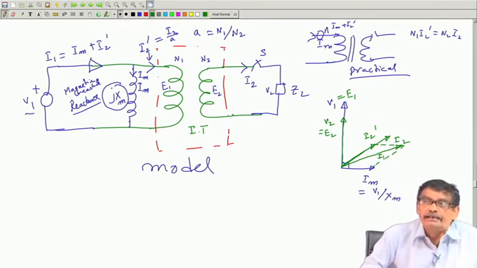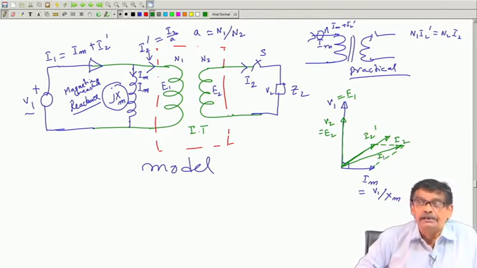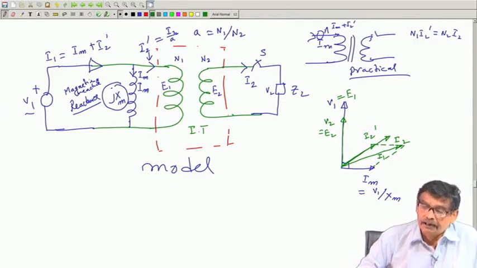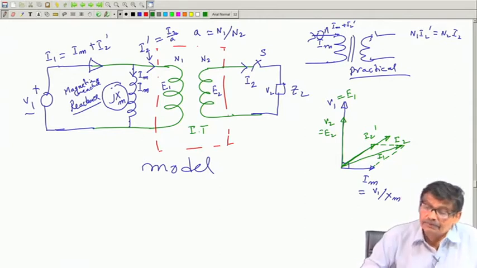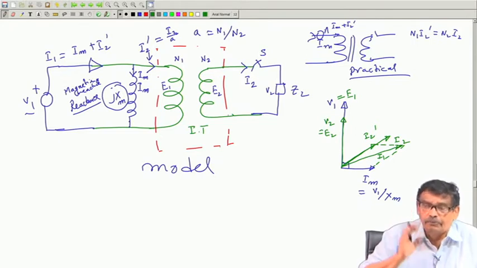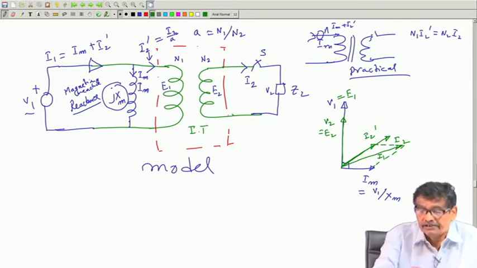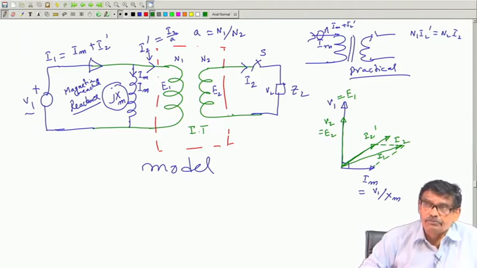Understood? This is how magnetizing current can be taken into account, it is somewhat a practical transformer, still not a full practical transformer. I have neglected so many other things till now, only magnetizing current I have incorporated, and for that an external element JXM is to be selected.